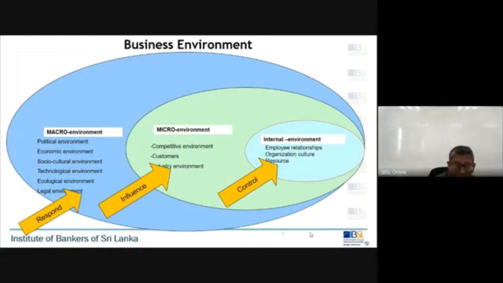But macro environment or general environmental factors we cannot manage or control. Therefore, we need to respond to those factors. So when we are preparing our strategic plan, we need to respond to this general environment.